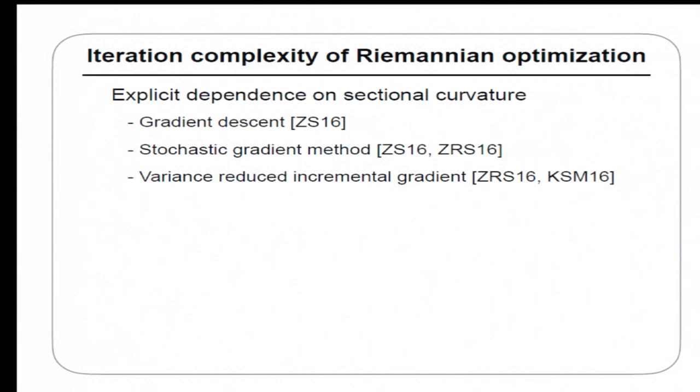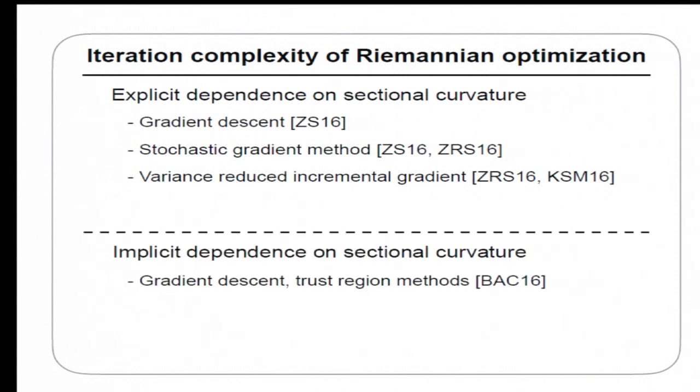Previous studies of iteration complexities of Riemannian optimization include gradient methods, stochastic gradient methods, and fast incremental gradient methods. These are work by our group as well as Kasai et al. And there is an alternative study by Boumal et al. on Riemannian gradient descent and trust region methods, which bake sectional curvature into the Lipschitz assumption on the pullback function.